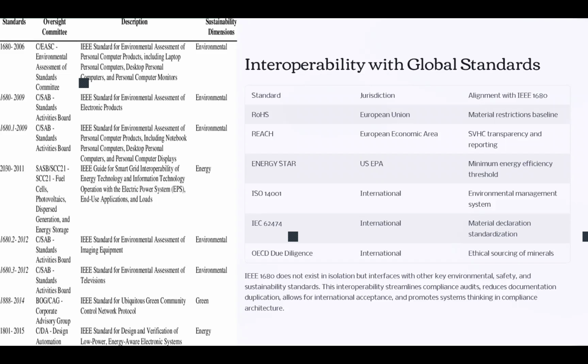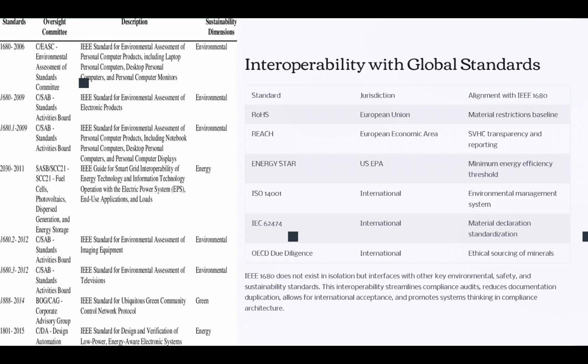And by syncing up with these major global standards, IEEE 1680 helps reduce the audit burden for companies and supports international product distribution. It also encourages companies to take a systems thinking approach, looking at the big picture of the product design, supply chain, energy, waste, and ethics all together.